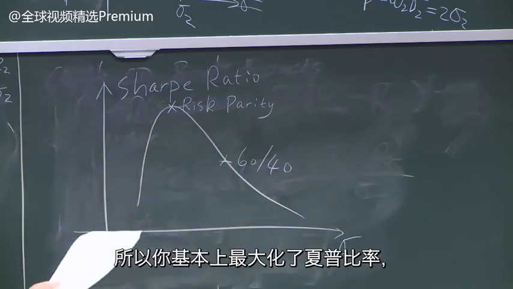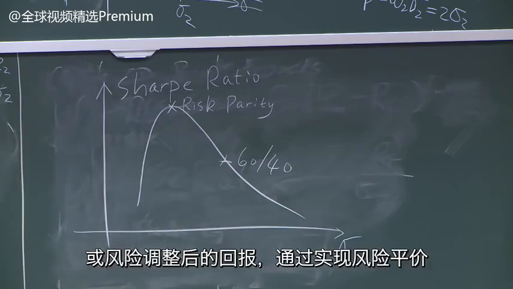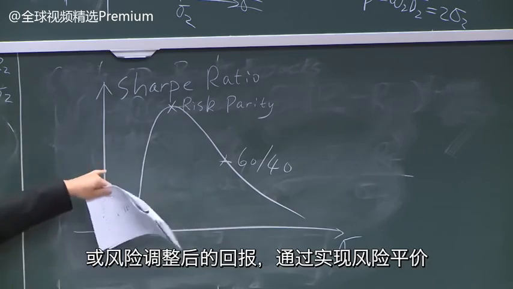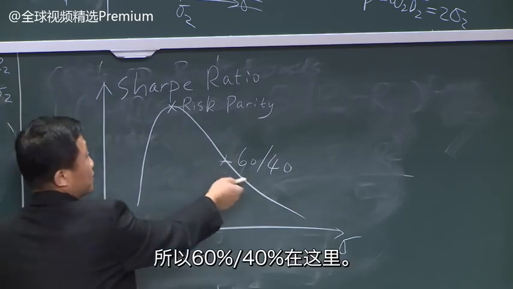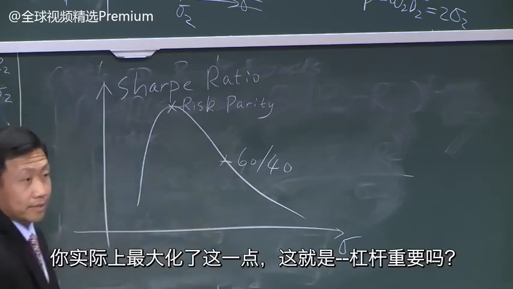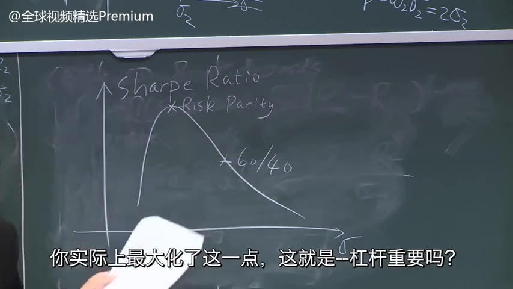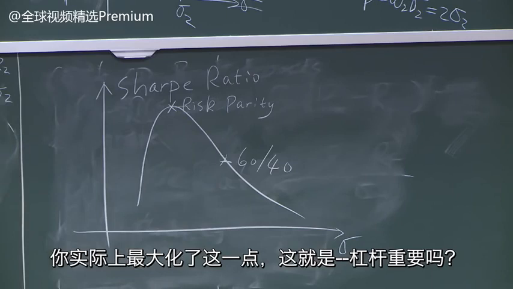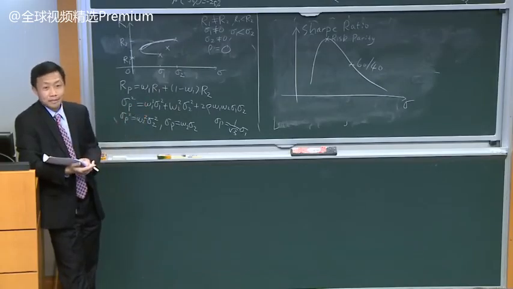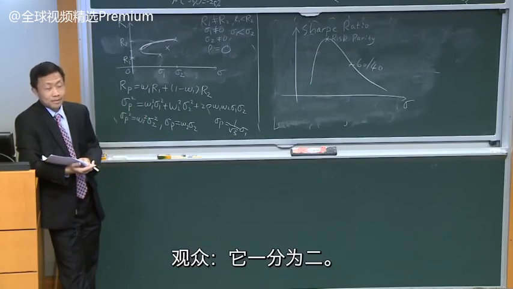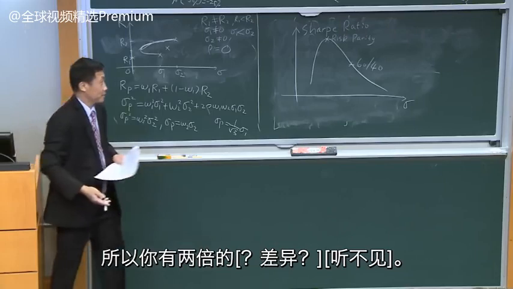So you essentially maximize the Sharpe ratio, or risk-adjusted return, by achieving the risk parity portfolio. So 60-40 is here. You actually maximize that. And does leverage matter? When you leverage up, does the Sharpe ratio change or not? Close enough. So you've got to replace the variance.